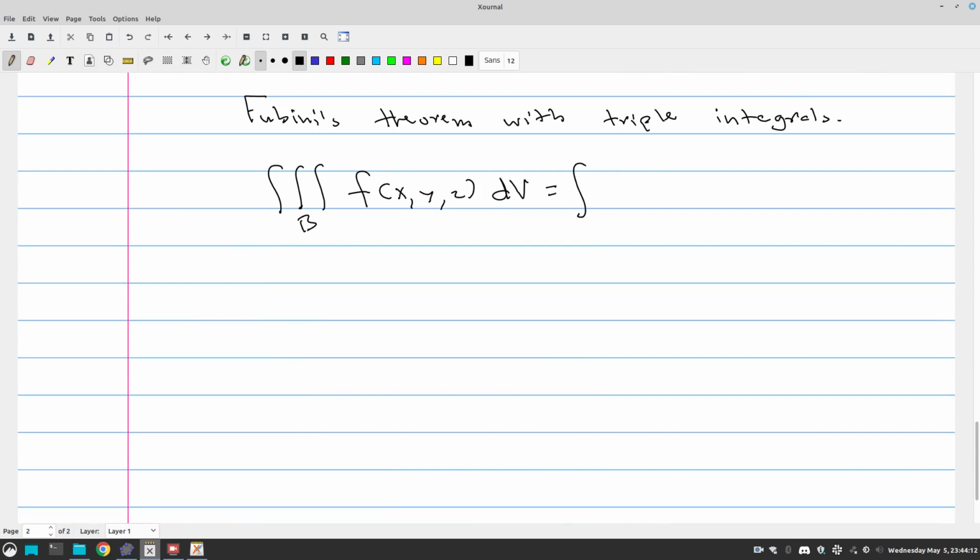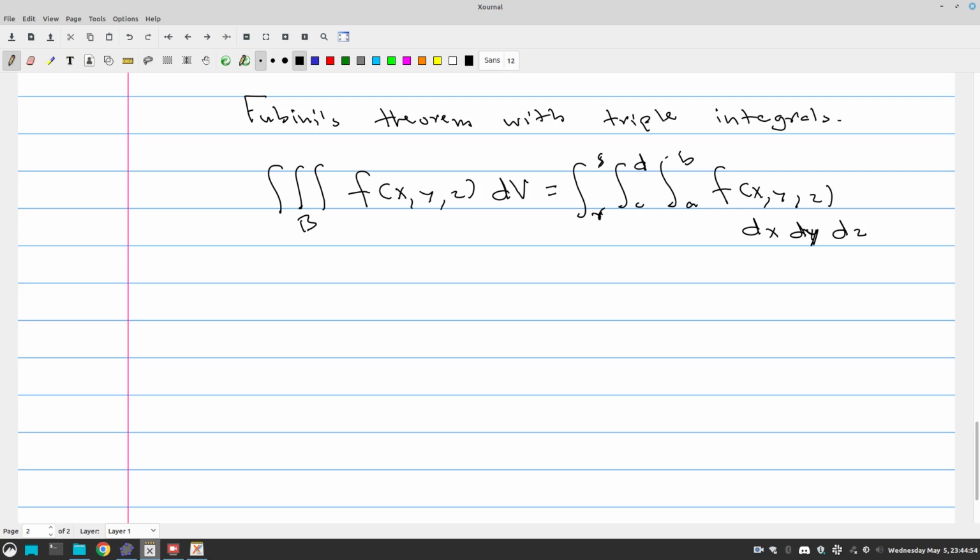So I could write this as the integral of r to s for z, c to d for y, and a to b for x, of f of x, y, z dx dy dz. And of course you are free to evaluate this in any order you feel like.